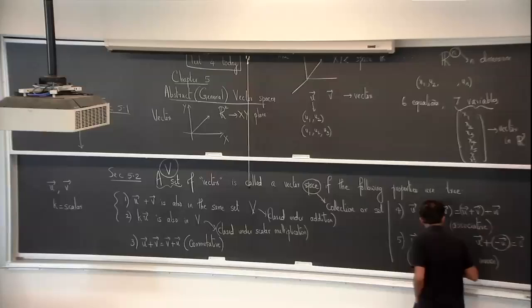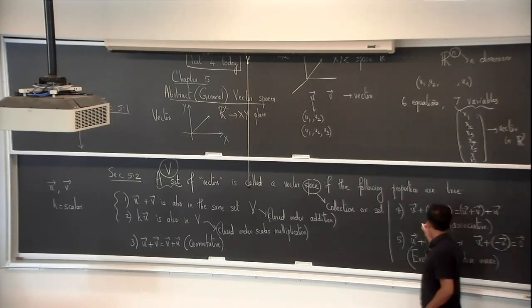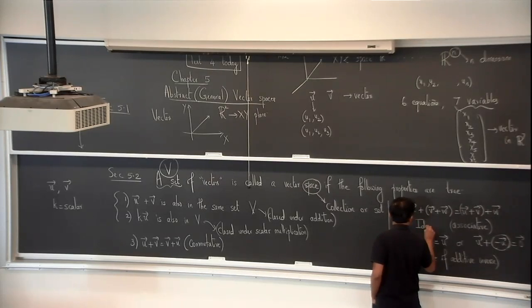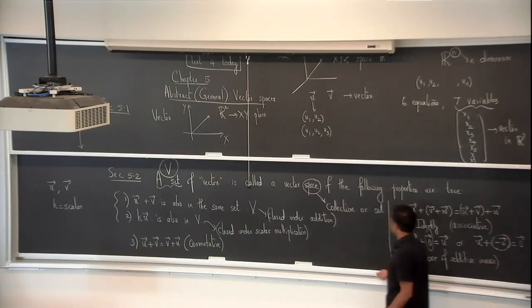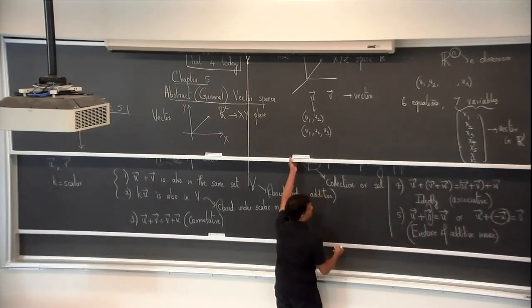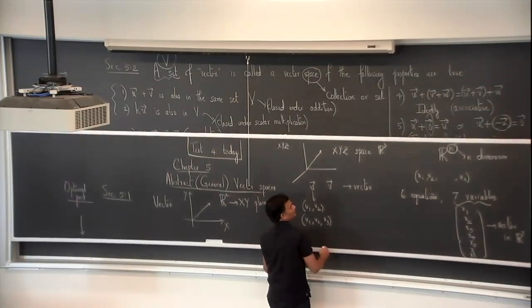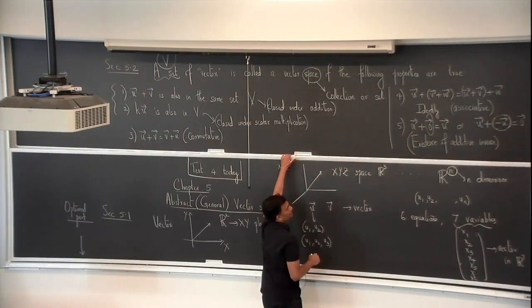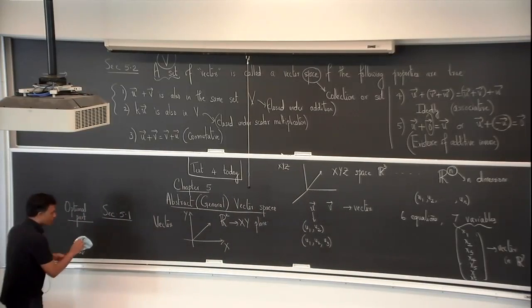It also establishes an identity element of addition here for the vector. Okay. Identity element for addition, it's a 0 vector. Okay. There is also an identity element for multiplication, the number 1.